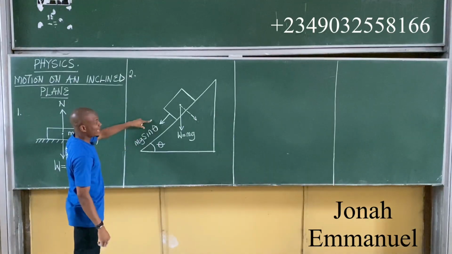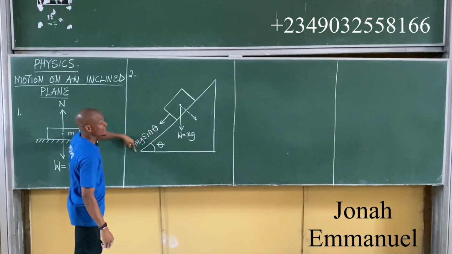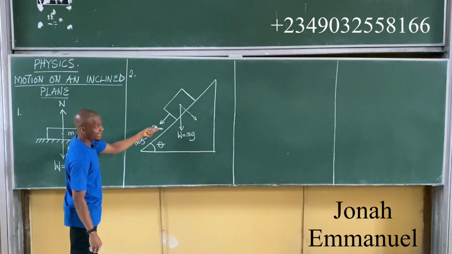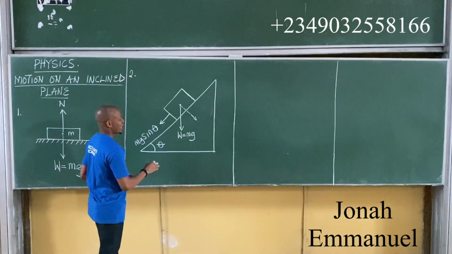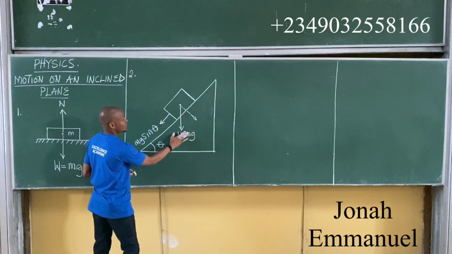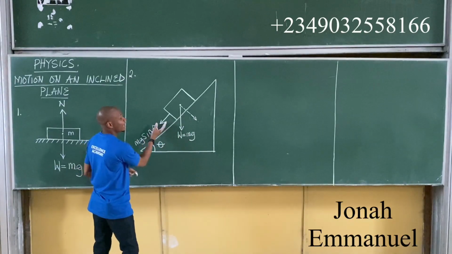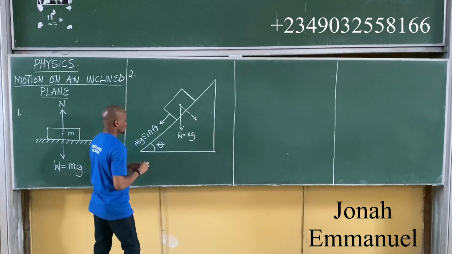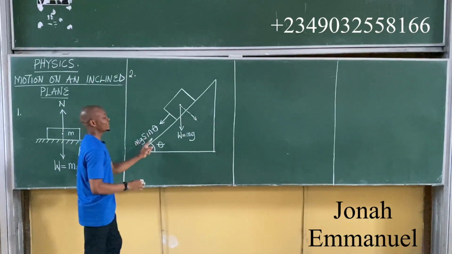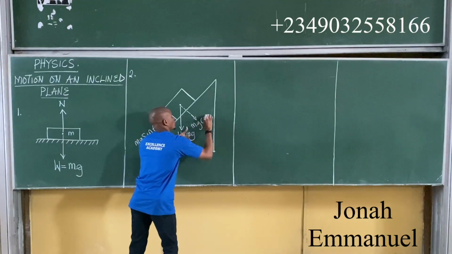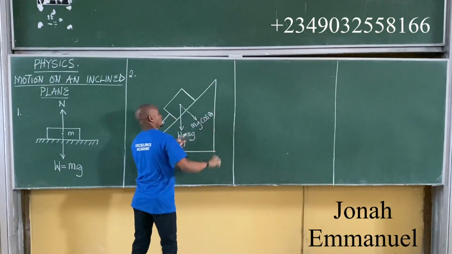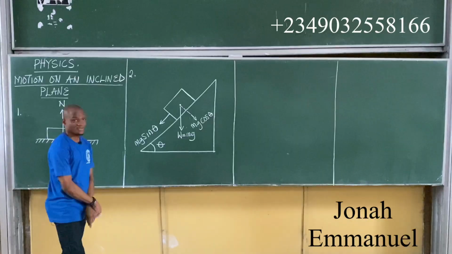The one that makes this body move this way is given by mg sine theta. Now hang on, the idea is this: I'm resolving this weight into components. If this one is mg sine theta, this one becomes mg cos theta.